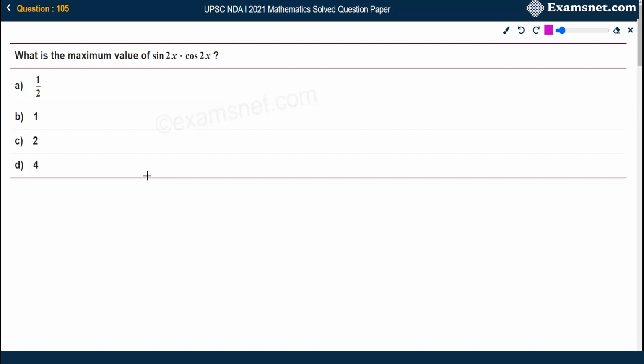Next we will calculate f double dash x, then put x equals c in f double dash x to get f double dash c. The sign of f double dash c will decide whether x equals c is a point of local maxima or minima.